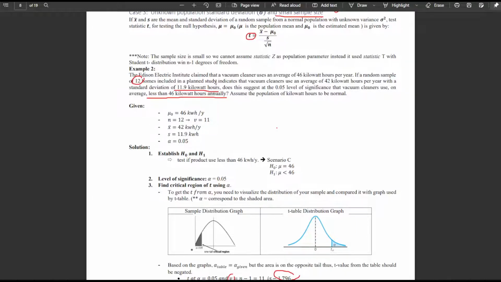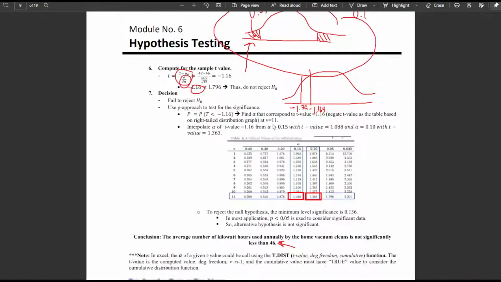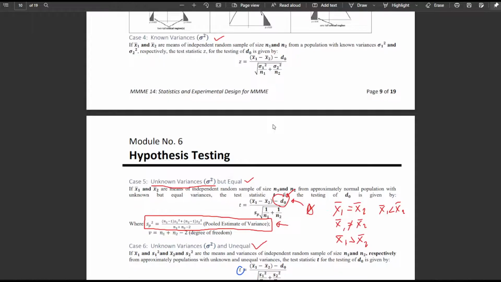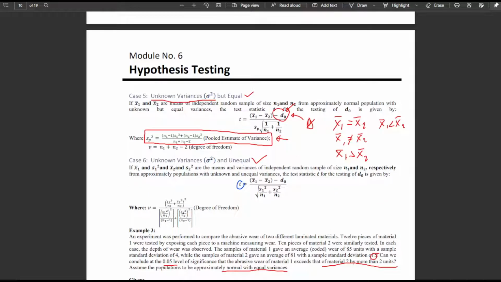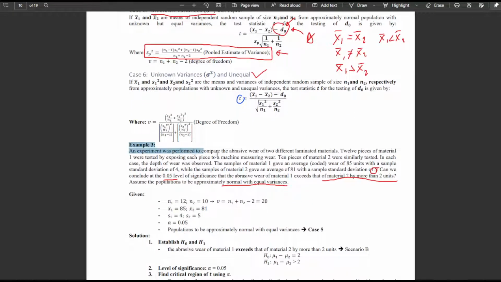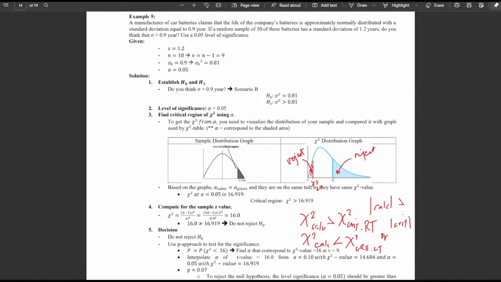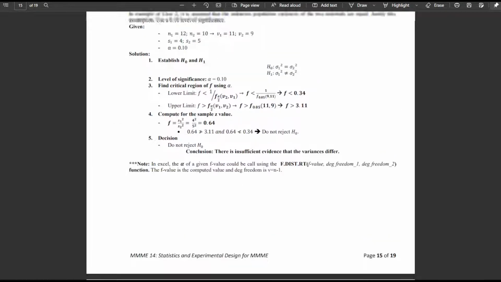If a random sample, this is not it. Example 3 siguro. Ito pala. Example 3. Assume that the populations are approximately normal with equal variances. So, hindi case 2, no? This is case 5 actually. So, may mali dito. Edit ko na lang to, class, no?